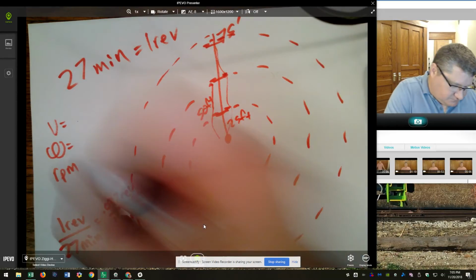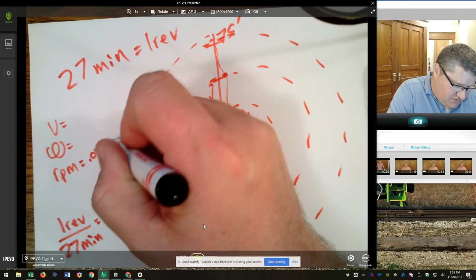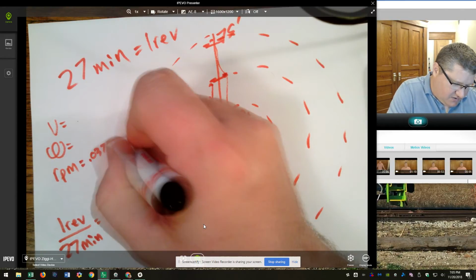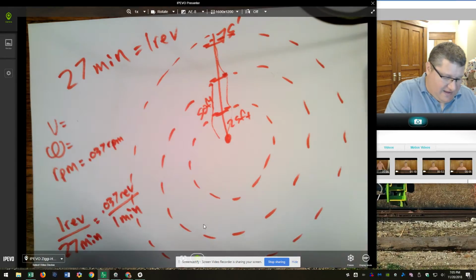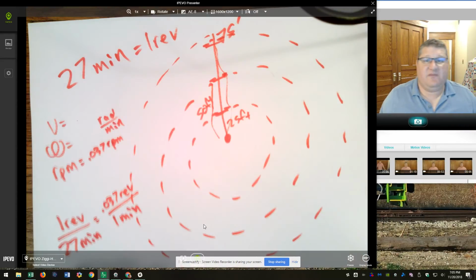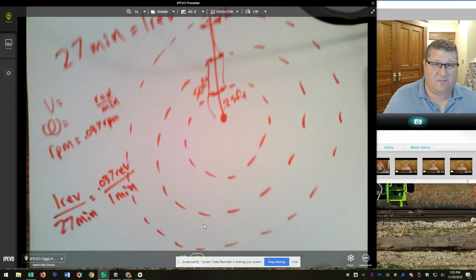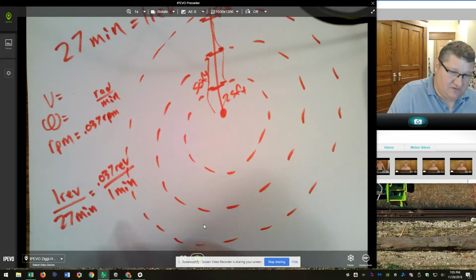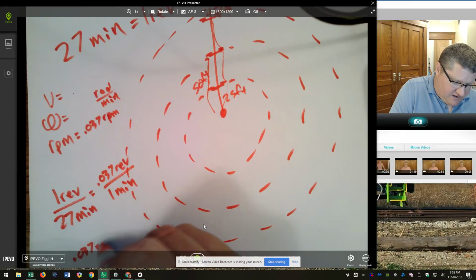0.037 RPM. Okay, now we need omega. To get to omega, omega is going to be measured in radians per minute. Well, how do I get from revolutions to radians? That's actually fairly simple, because all I have to do is take 0.037 revs over 1 minute.